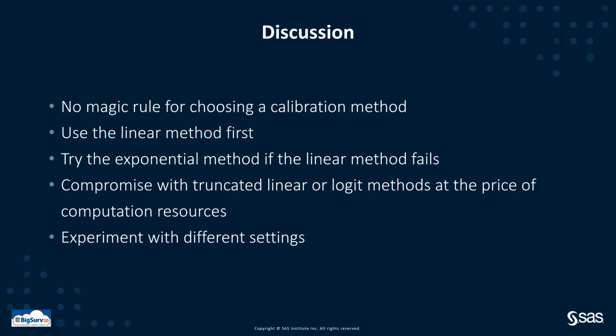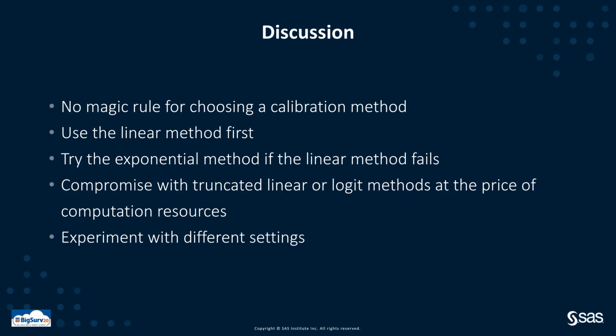Now let me add a few comments about the calibration and about using this macro in practice. First of all, there's no magic rule for choosing which calibration method should be used. The linear method uses less computing resource and always gives the solution. So it is the first choice for the macro to use if you do not specify a calibration method.